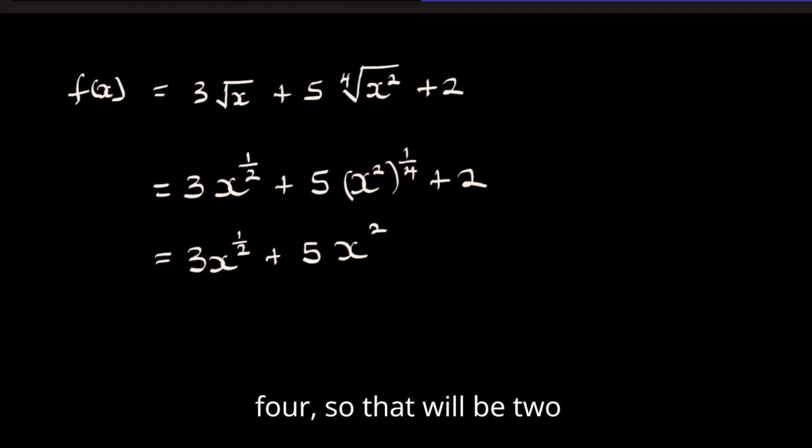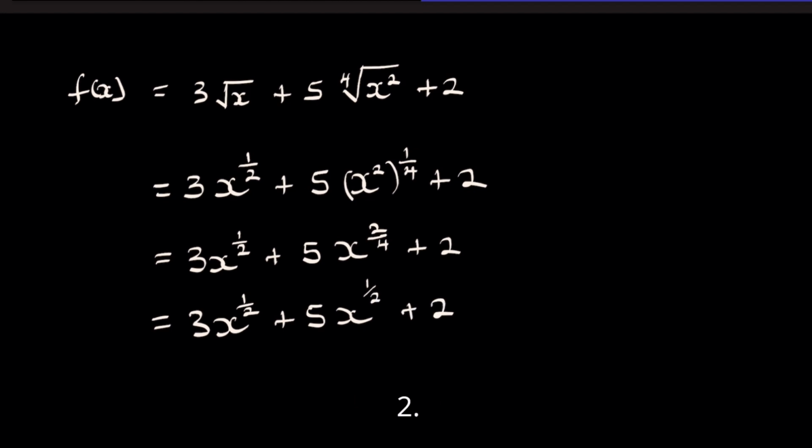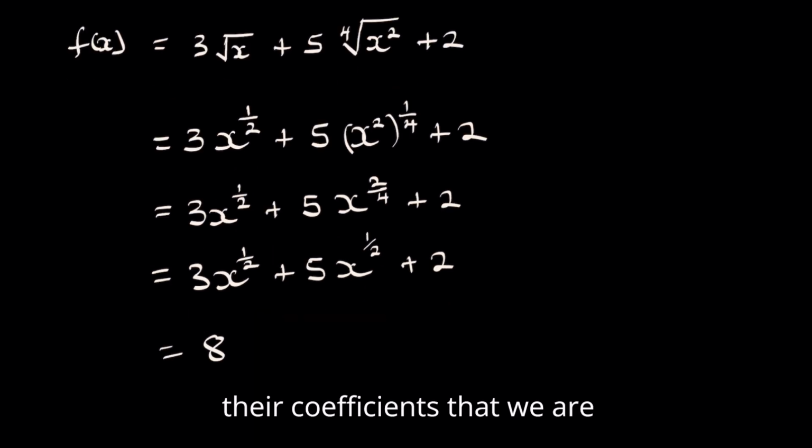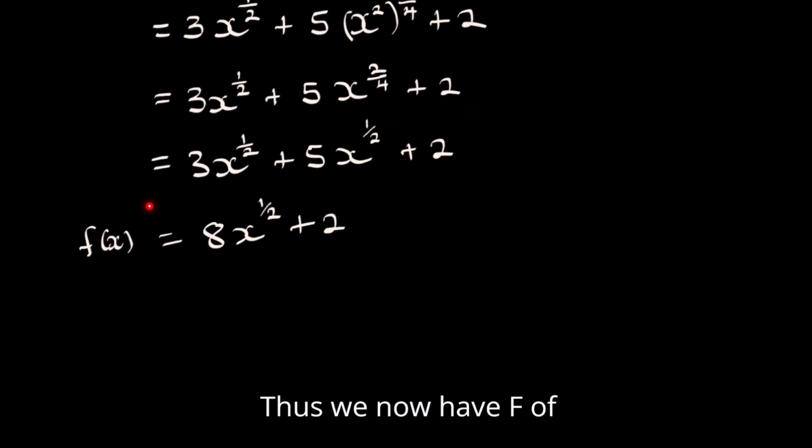So that will be 2 on 4, plus 2, which can be simplified as 5x exponent 1/2 plus 2. Thus, we are going to have 8x exponent 1/2 plus 2. Thus, we now have f of x in the form of ax exponent n.